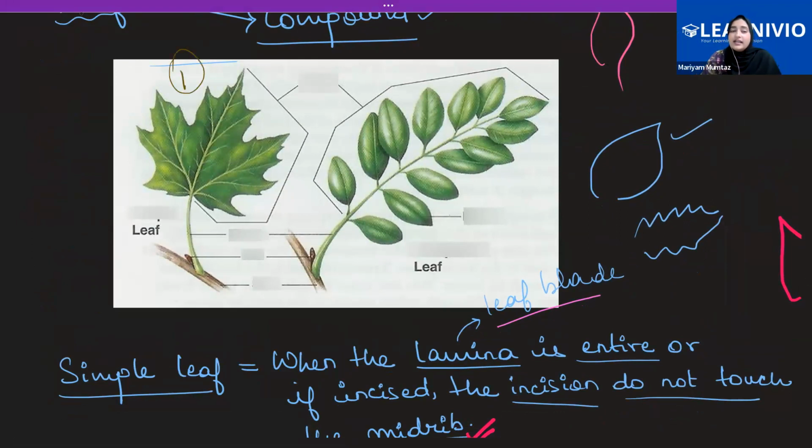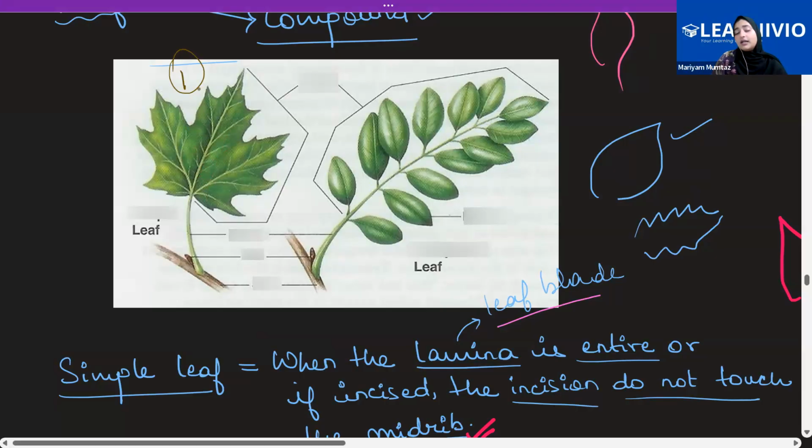Here you can see none of these incisions are touching the midrib. They are present, but not very deep. So this kind of leaf, wherein the lamina or the leaf blade is entire and the incisions are not touching the midrib, is a simple leaf.